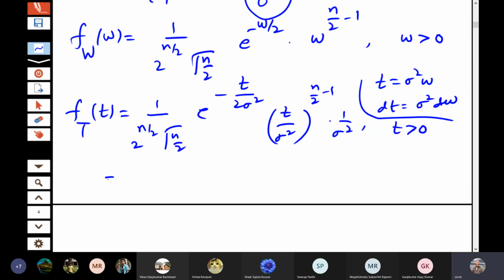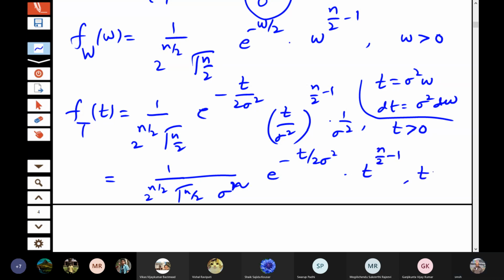I can simplify this. 2 to the power n by 2 I can write as such, then you have gamma n by 2, and then you get sigma square to the power n by 2, so sigma to the power n. Basically it will become e to the power minus t by 2 sigma square, t to the power n by 2 minus 1.